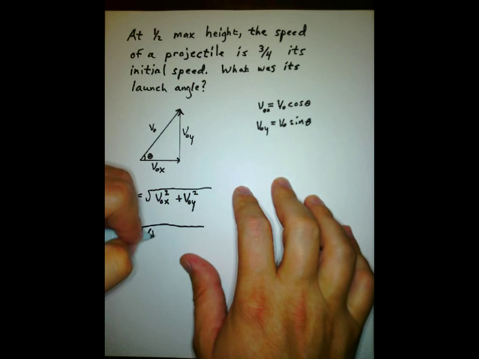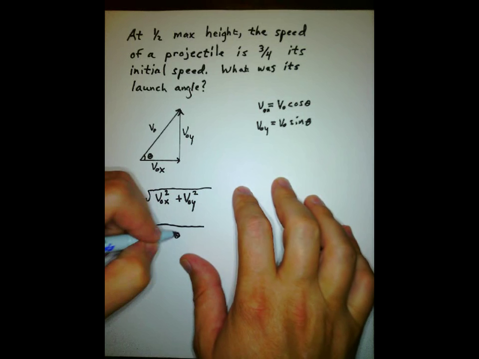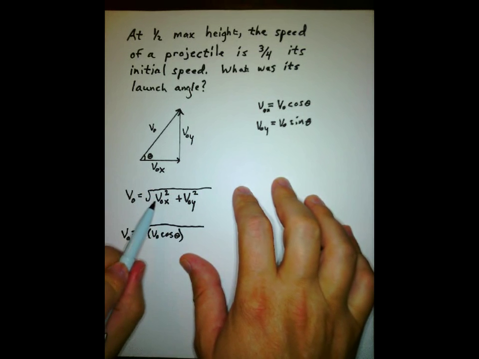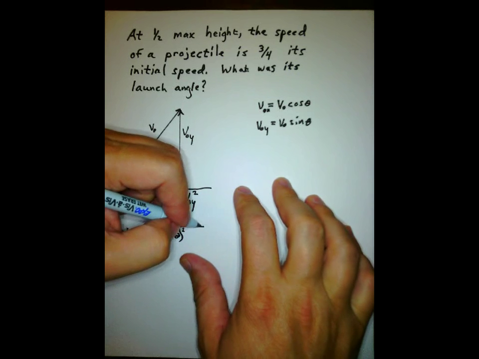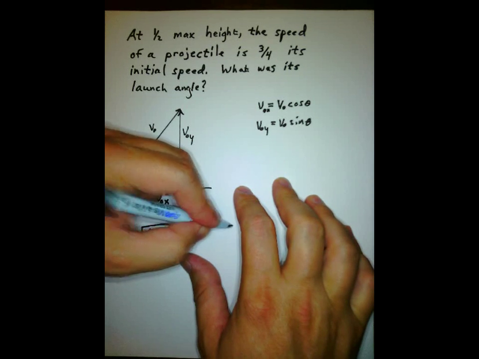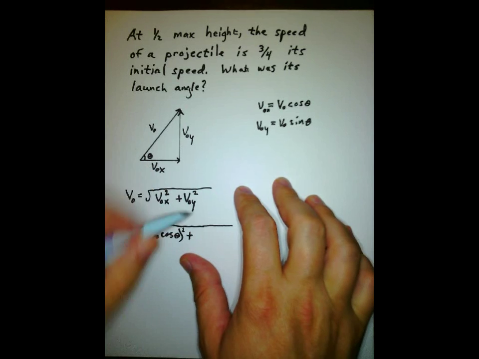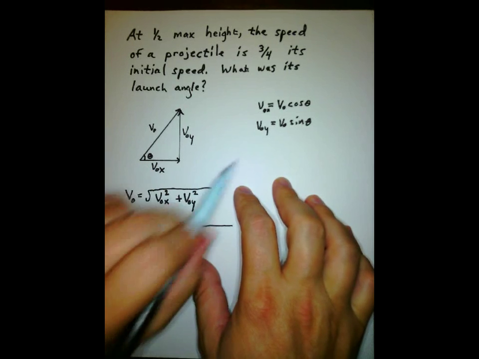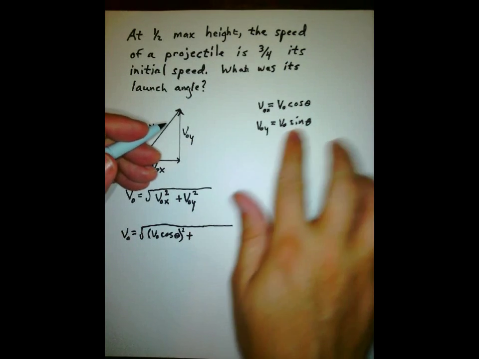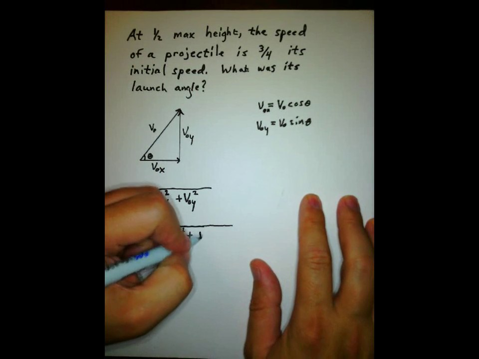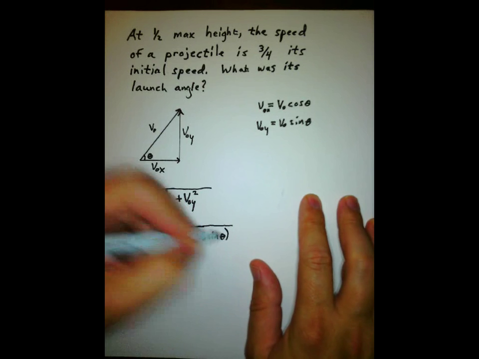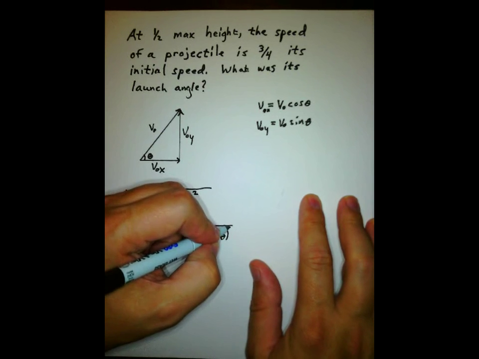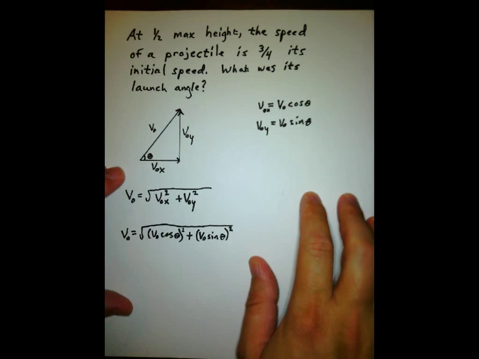So let me put some parentheses, v naught cosine theta, and that's squared. Then for v naught y we substitute v naught sine theta, and that's squared also.